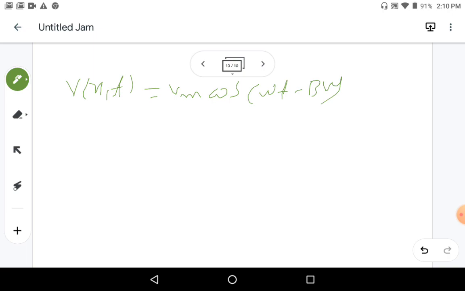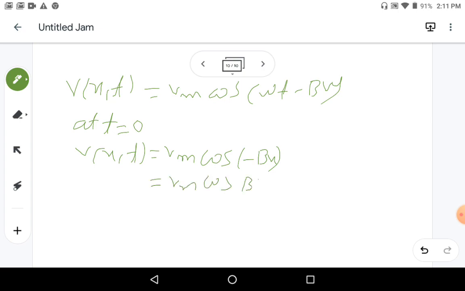At the instant t equals 0, v of x,t equals Vm cos of minus beta x, and it may be written as Vm cos of beta x.